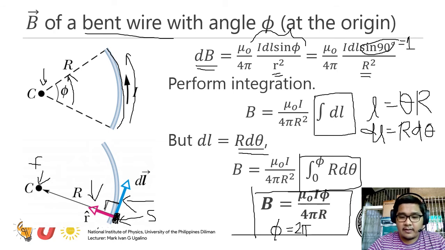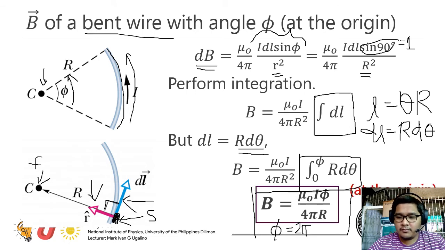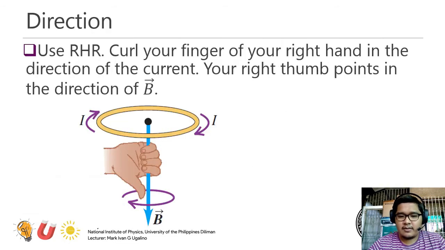This becomes mu naught I over 2r, which is the result that we obtained earlier. That's the magnitude. Now, of course, to obtain the direction, you just have to use your right hand rule.